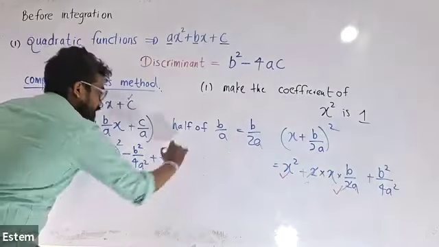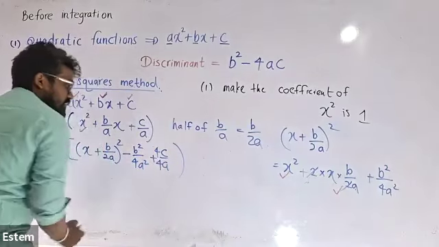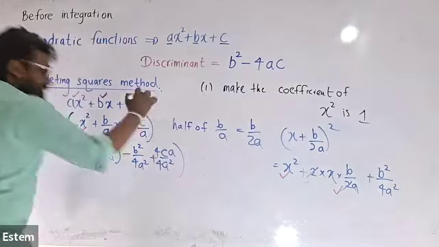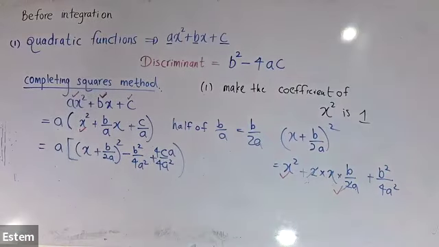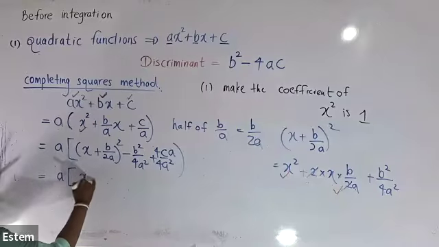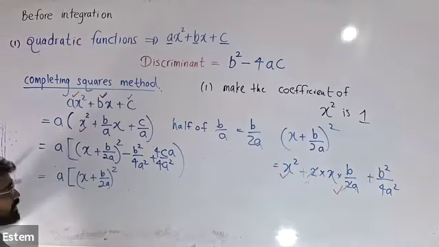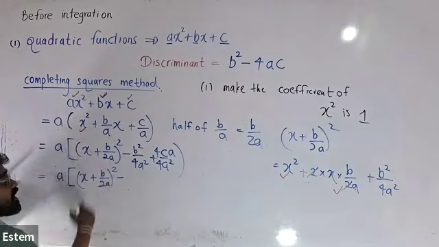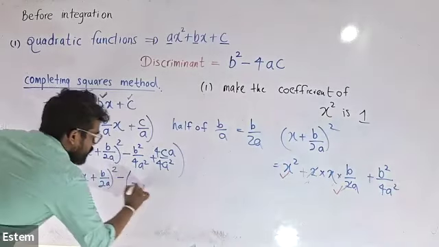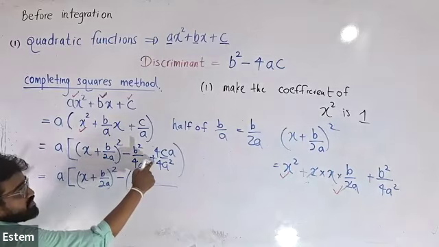Then I am going to get a common denominator, 4a squared. Now see, there is a here, x plus b over 2a entire squared. I take a minus out. When I take a minus out, there is b squared. This is positive, no?